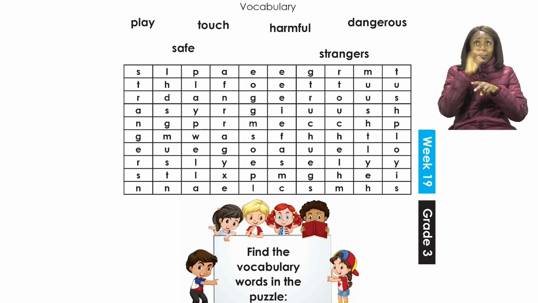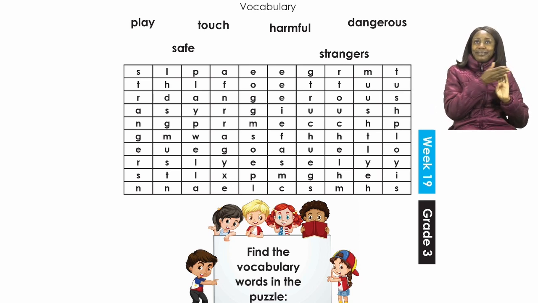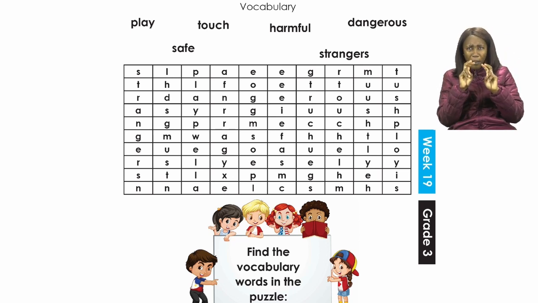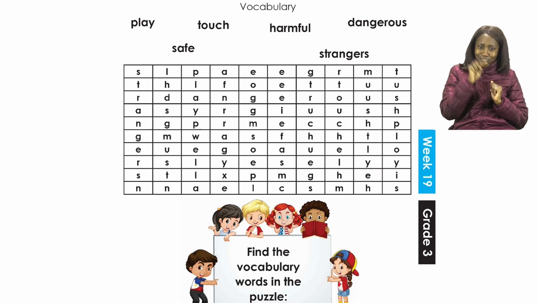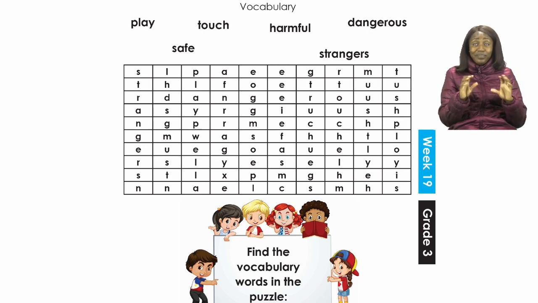Touch, harmful, dangerous, safe, strangers. So you have to look and see which words you have, which words we found already, and then you have to look for all the other words on your own.